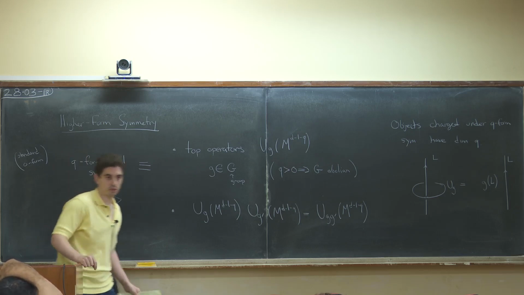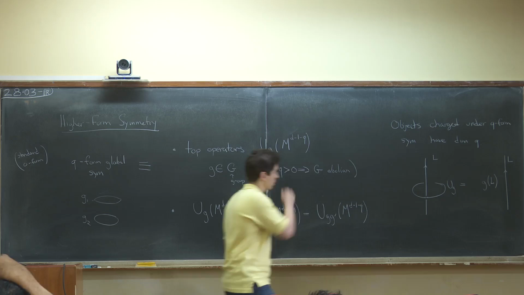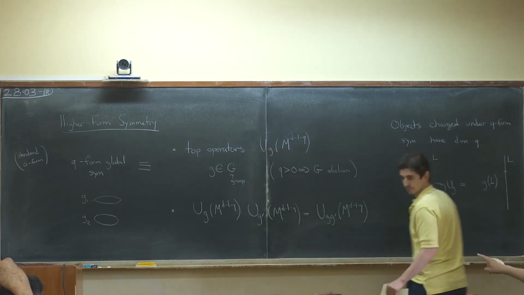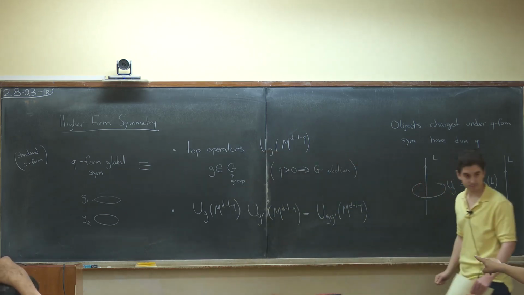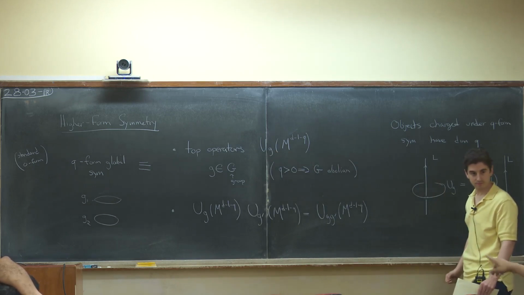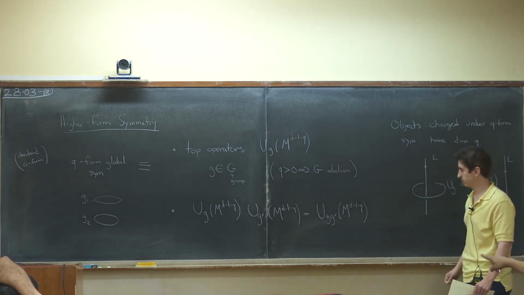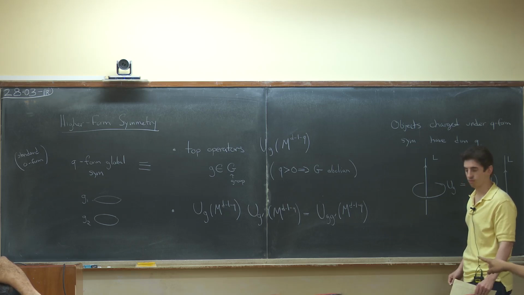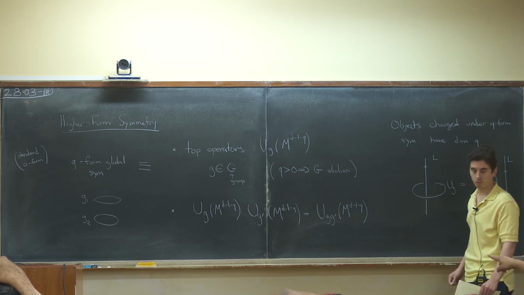Not known to me, but maybe. Just one more thing. Because it's abelian, this cocycle thing is trivial. There is no phase now in this multiplication. Yesterday you had the possibility of a phase here.